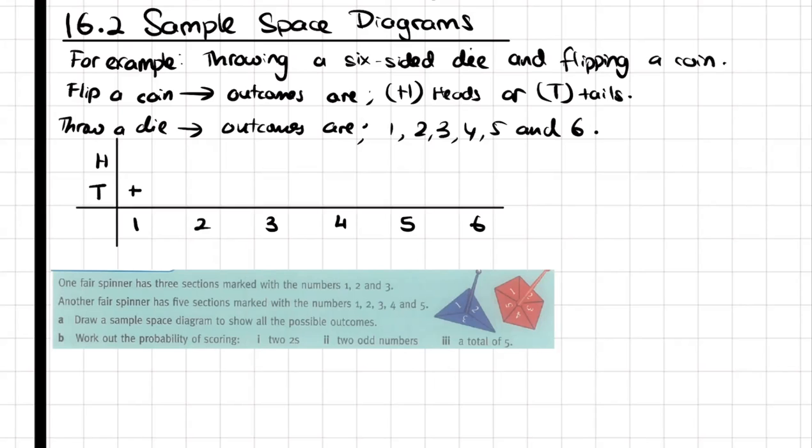This is one of it, 2, 3, 4, 5, 6, 7, 8, 9, 10, 11, 12. So the events that will happen will be heads 1, 2, 3, 4, 5, 6, or tails 1, 2, 3, 4, 5, 6. These are all the events that would happen, and then you can see that there are actually 12 different outcomes.